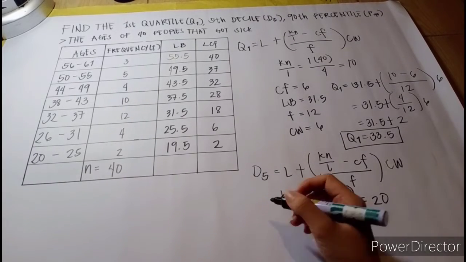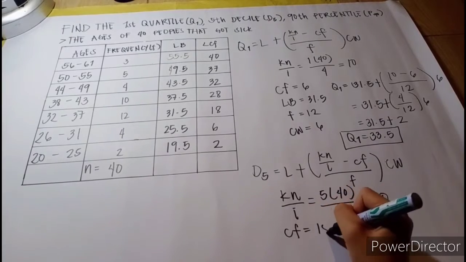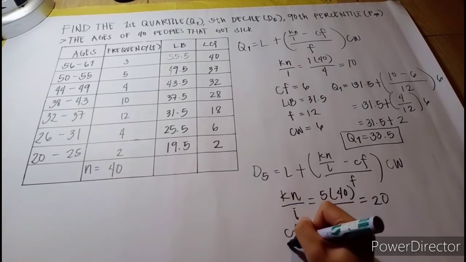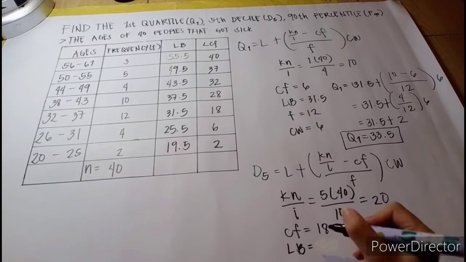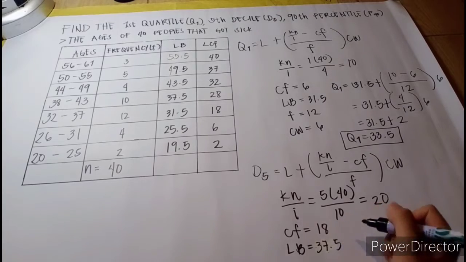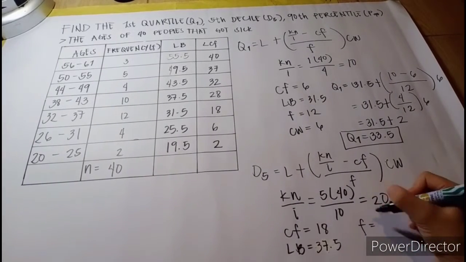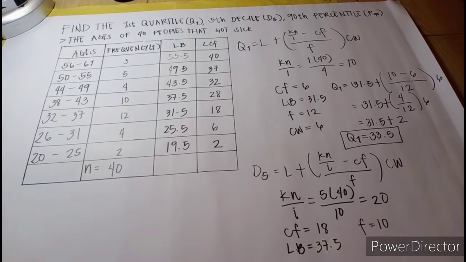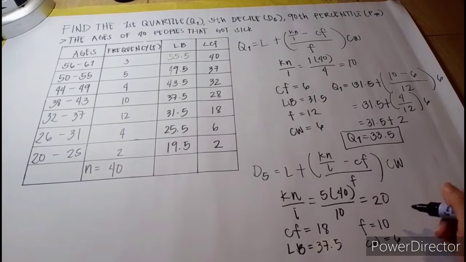So our CF is 18, lower boundary is 37.5, the frequency is 10, and the CW is 6.